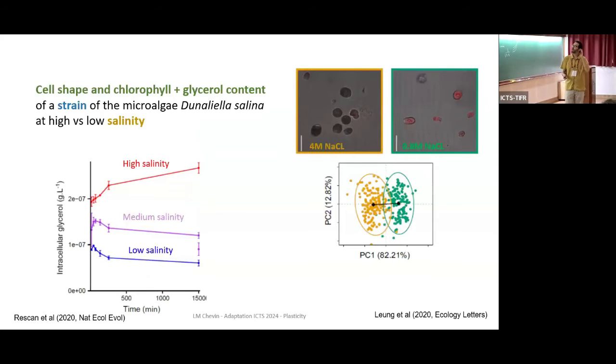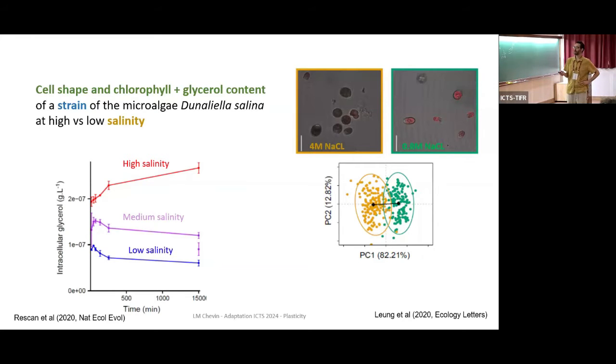And in our lab, we've been interested in these microalgae that can tolerate a very broad range of salinity. When you place them at different salinities, they will have different cell shapes, and this color here is the fluorescence of chlorophyll, so they have different chlorophyll content. If you do a PCA on these traits on the flow cytometer, where you can measure many individuals, you can see that they're different on different sets of traits, and so you can measure their differences.